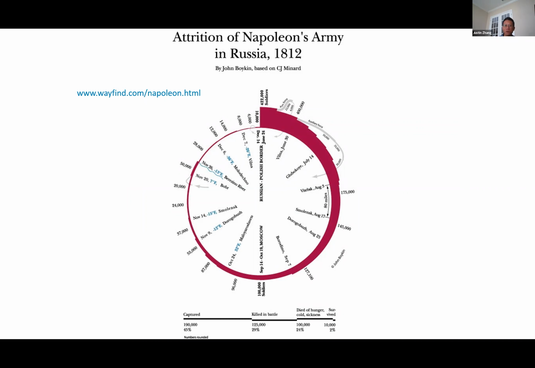So it started with 422,000 and ended with about 10,000 people eventually. Major cities and days are also plotted along with the temperature. In addition, there are some overall statistics at the bottom of the chart we can see. So about 190,000 people captured, 125,000 killed, and 100,000 died of cold and sickness.